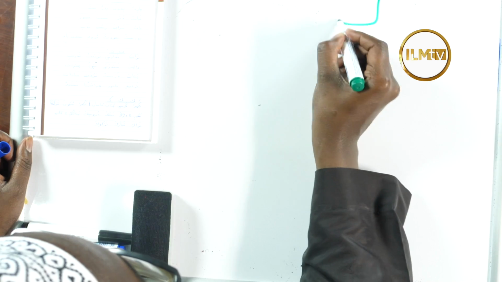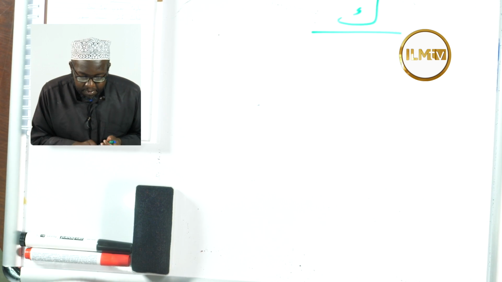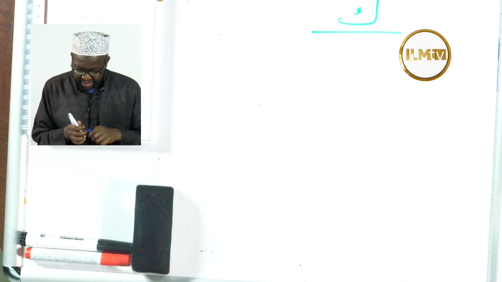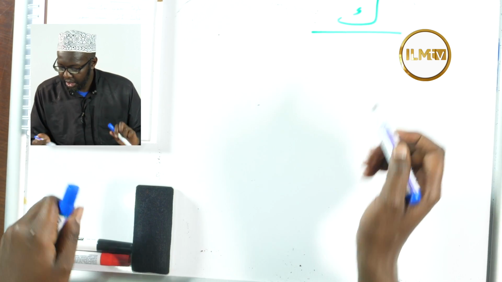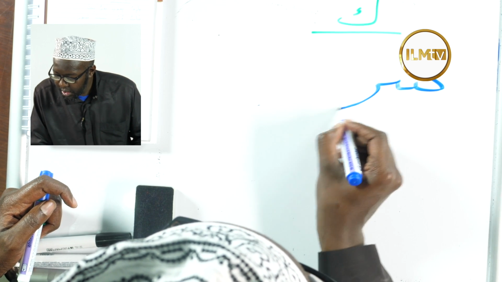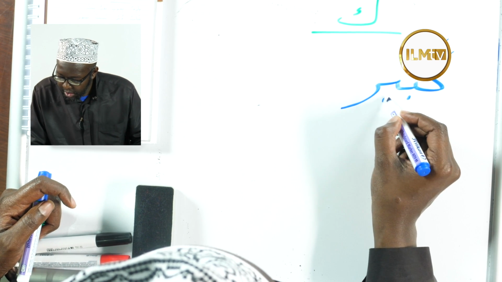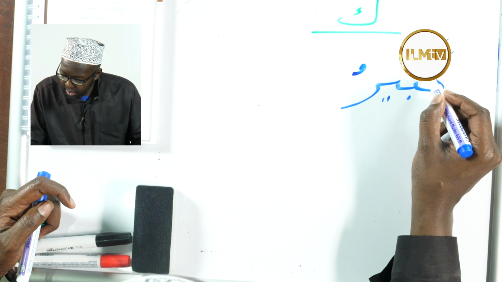Let's start with kaf. So for kaf, we have the first word. When we write kaf at the beginning of a word, it takes a different form.